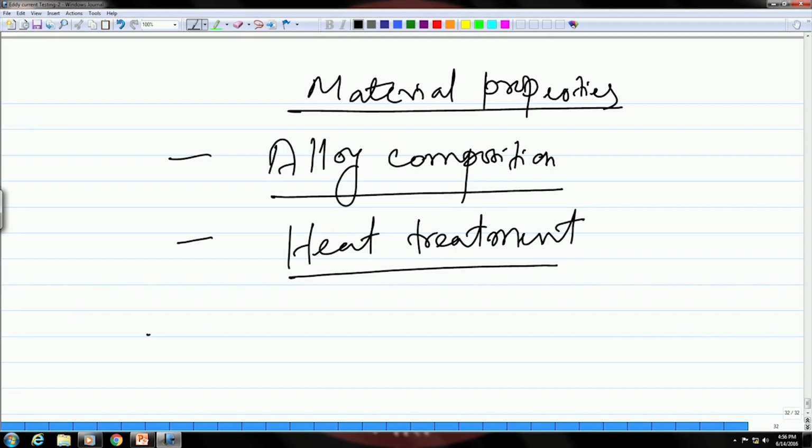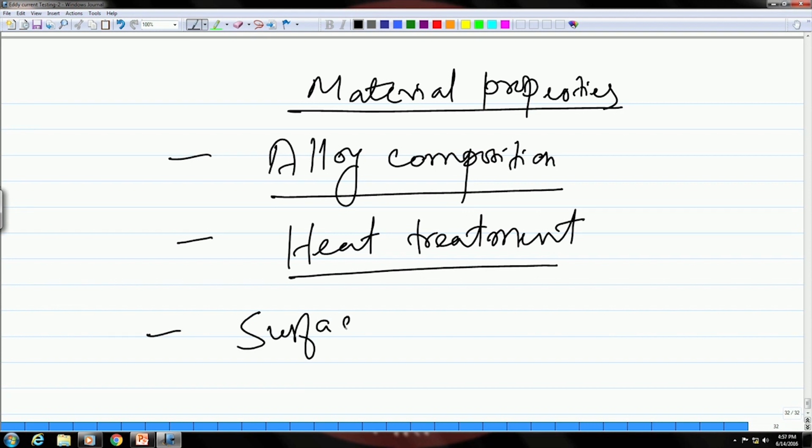For example, the alloy composition can change the conductivity, and as we have seen before, conductivity is one of the parameters which controls eddy current. Similarly, heat treatment can change the property of the surface, and since eddy current is to do with surface inspection, this will also affect the results of the eddy current testing. So, this is related to the material.